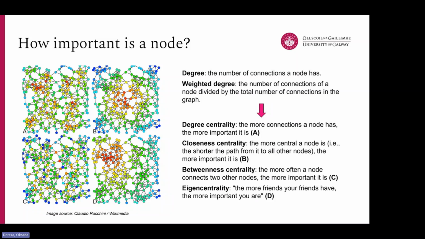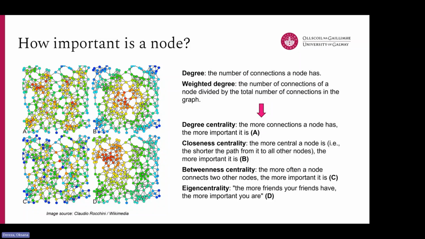So the red nodes are the most important ones, and the cooler it gets, the less important the nodes are. So if we use degree centrality as the measure of importance, so the number of connections a node has, the most important nodes will be those that have the most connections. And these are the red ones in the picture in the top left corner.